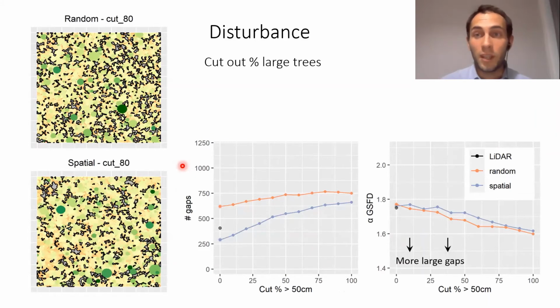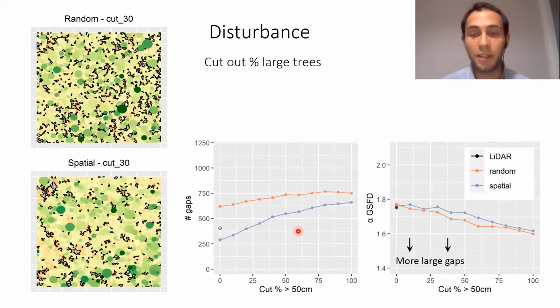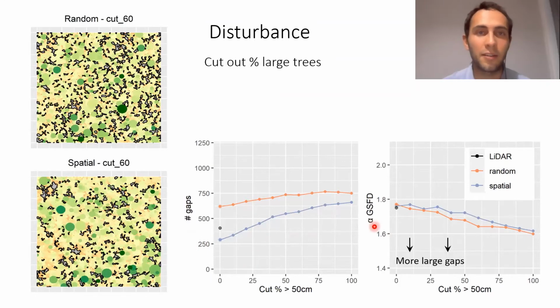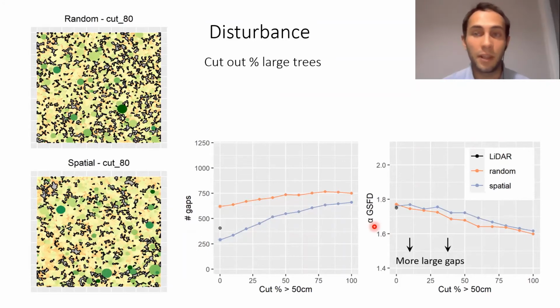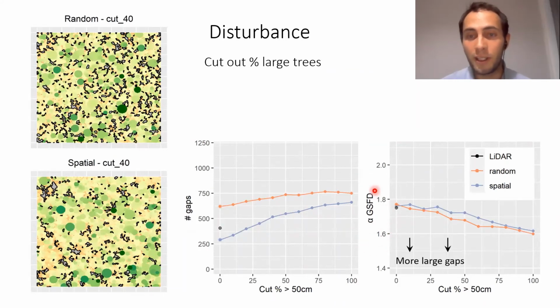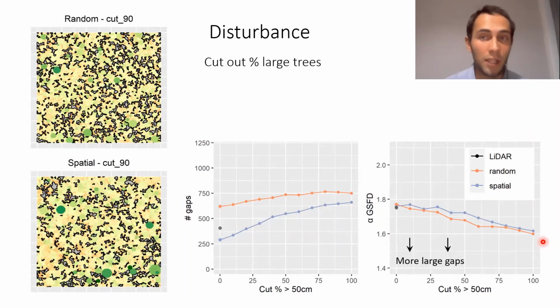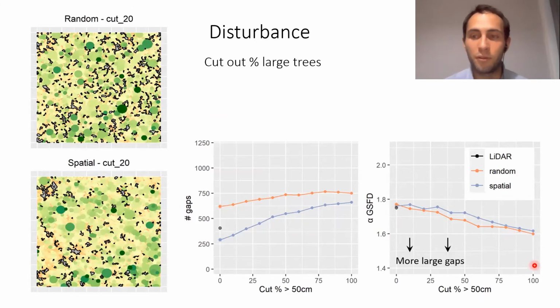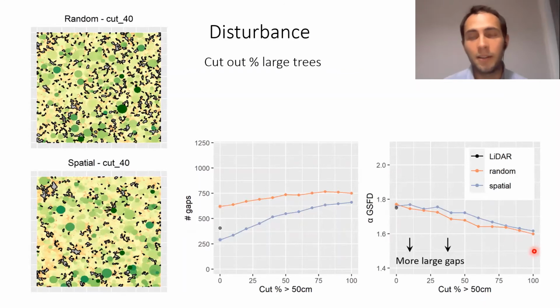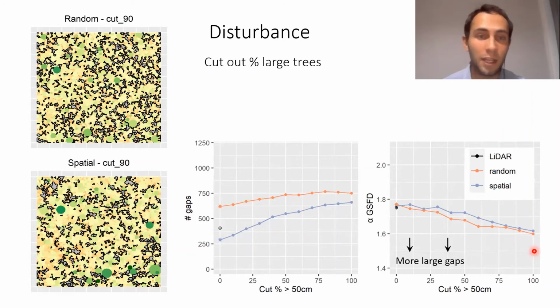And so what you see in terms of gaps is the number of gaps increases. And that's exactly as you'd expect because there's more gaps where the trees have been cut out. And also more interestingly, the alpha value decreases, which essentially means there's more large gaps as we cut out more trees. And that's again, pretty expected. But the good point here is that both simulations show the same thing.